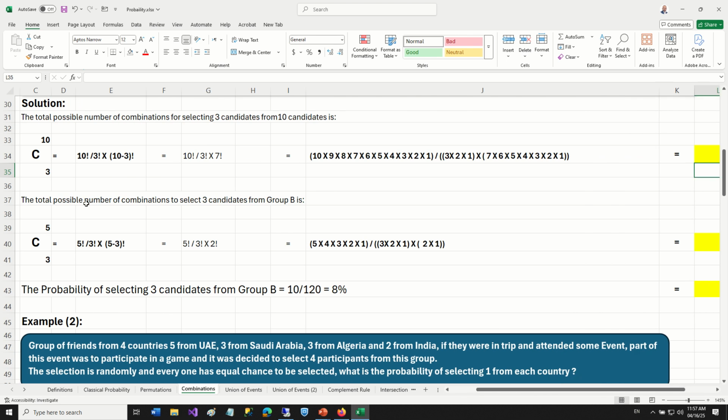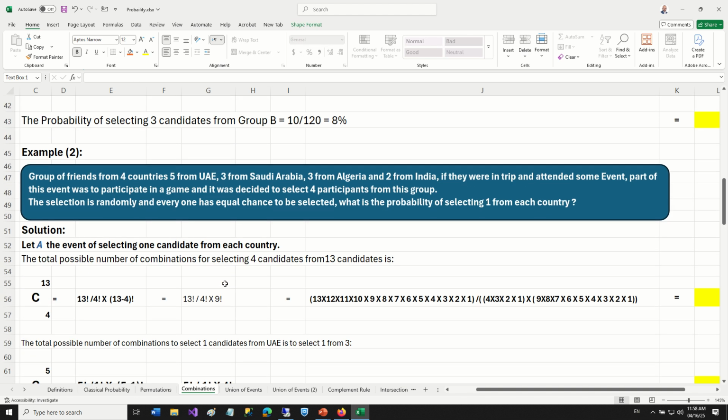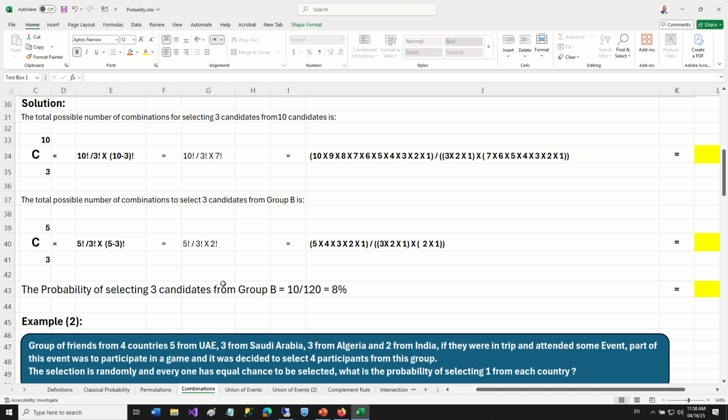Now, what is the total possible number of combinations to select 3 candidates from group B? As you see here, group B has 5 members, so we want to select 3 out of 5. The combination 3 out of 5 equals 5 factorial divided by 3 factorial multiplied by (5 minus 3) factorial.